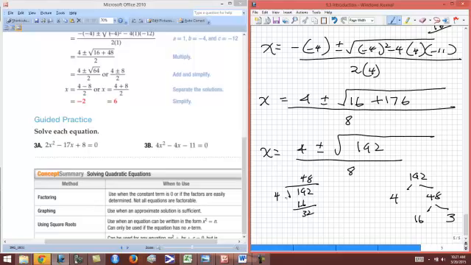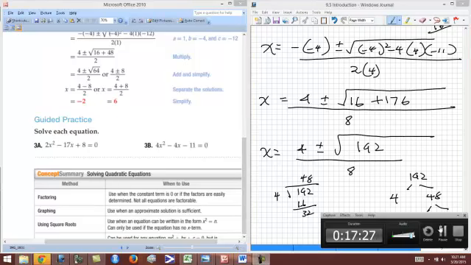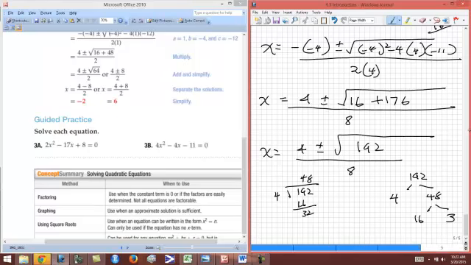Alright, so let me stop this for a second so I don't bore you while I'm working this out myself. So 192 is 64 times 3.